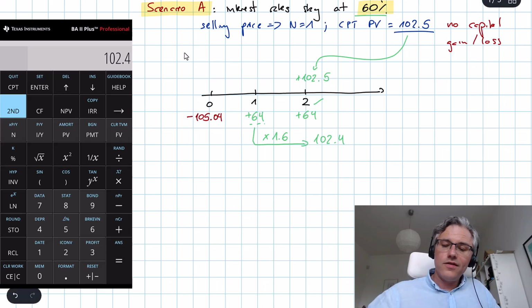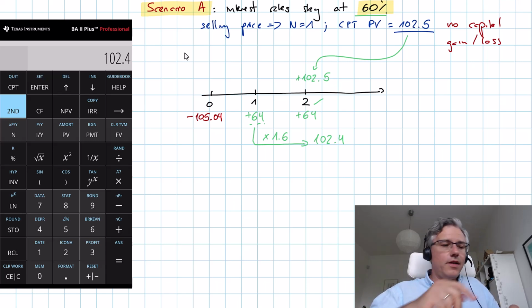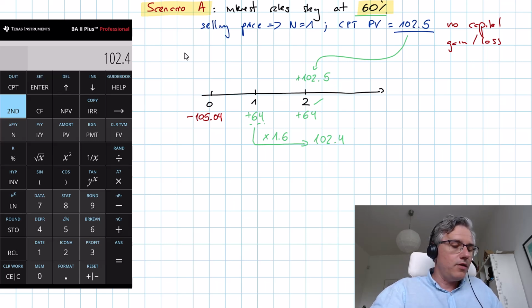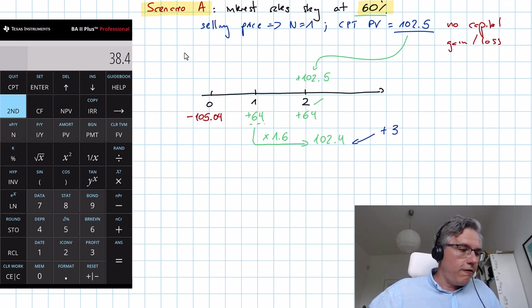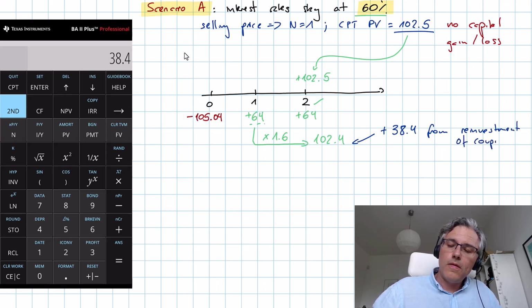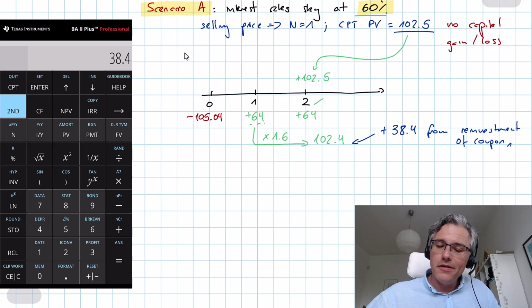Now, let's just see how much growth there is from the reinvestment, how much gain there is from the investment. 102.4 minus the original 64, that actually gives 38.4 from the reinvestment of the coupon from year 1. Good. What we care about is the horizon yield. Typically, this is what we did in the previous video.